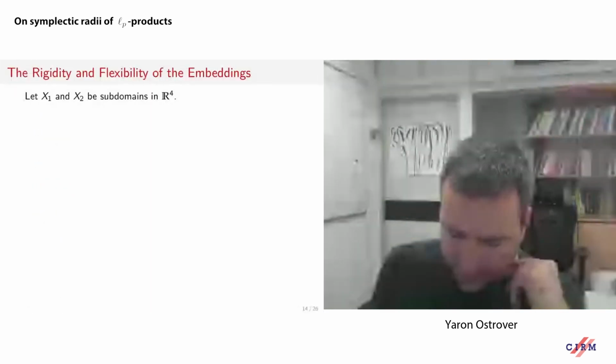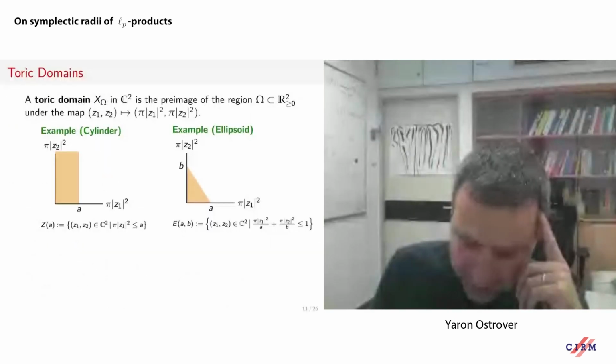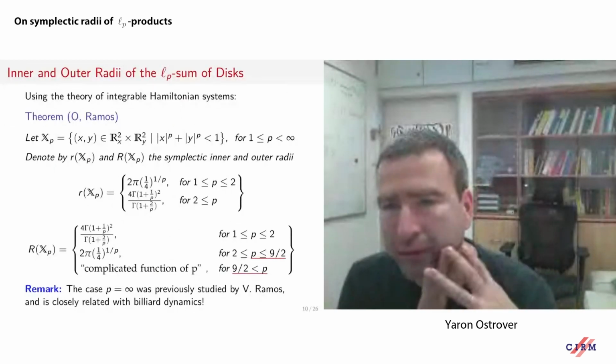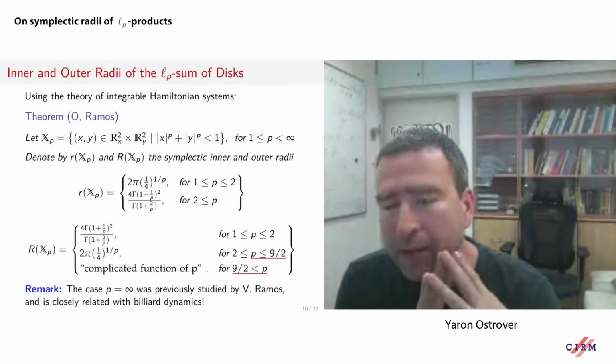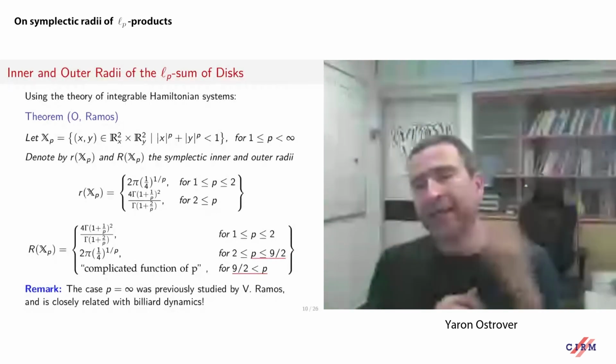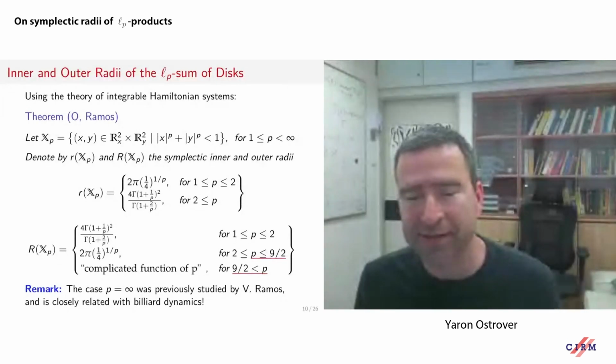I'm not completely sure I understand the question. Are you referring to putting different norms, but taking p and q in the same range? Oh, you mean instead of taking, say, x to the p, y to the p, take x to the p, y to the q?